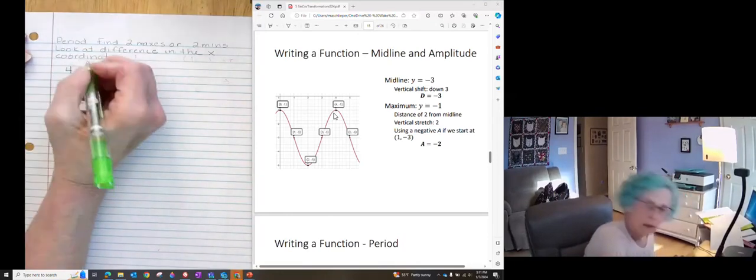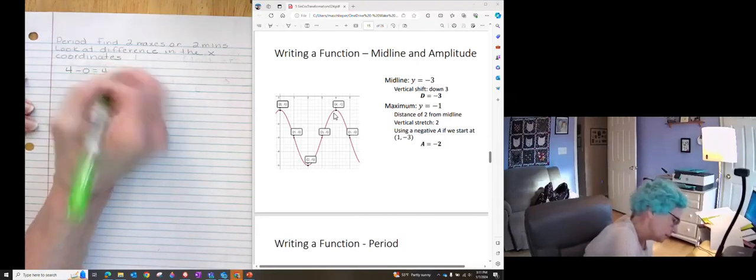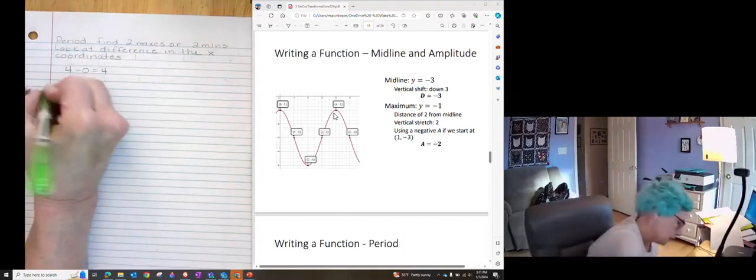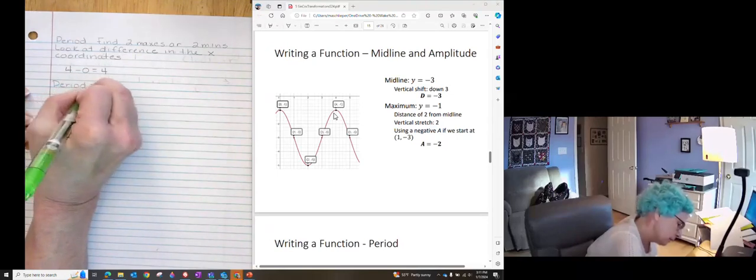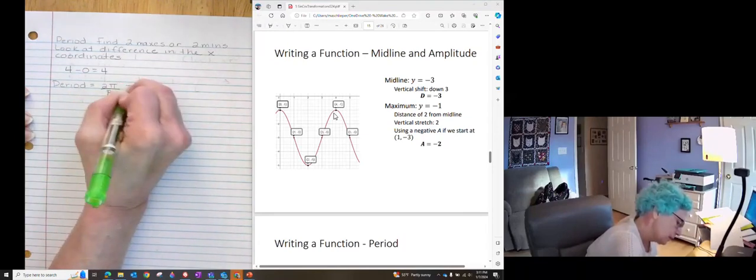So 4 minus 0 equals 4. Now, we know that period was equal to 2 pi over b.